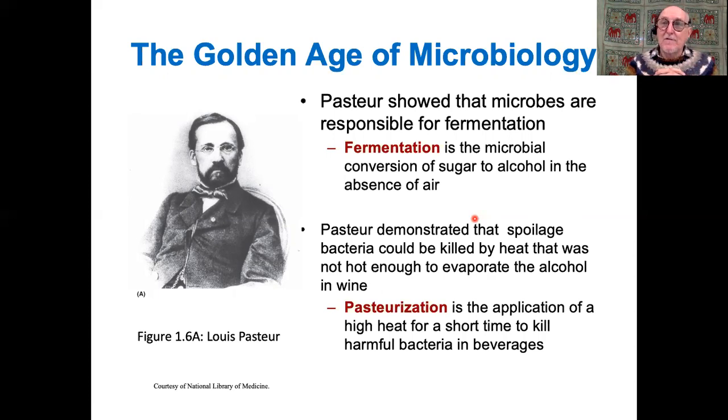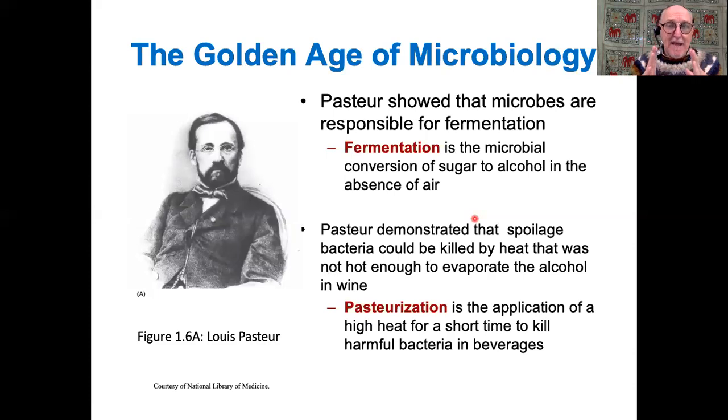So Pasteur, first of all, showed that the spoilage of wine, it turning to vinegar, was the responsibility of a specific group of bacteria. And second of all he showed that if you took grape juice that you wanted to turn to wine, and you heated it up, not to a very high temperature, this is not sterilizing the way you would if you were to boil something, this is just heating it up to about 65 degrees Celsius.